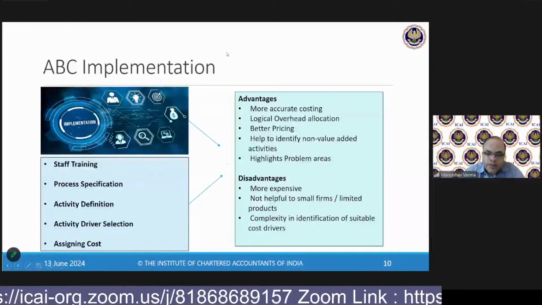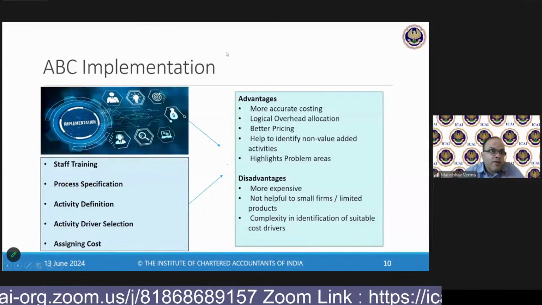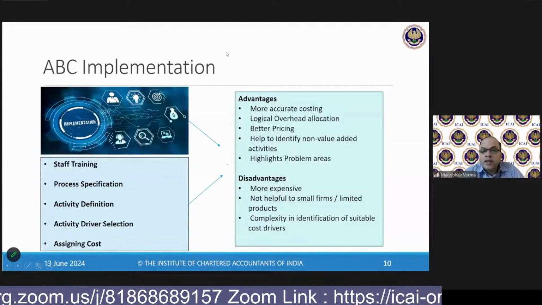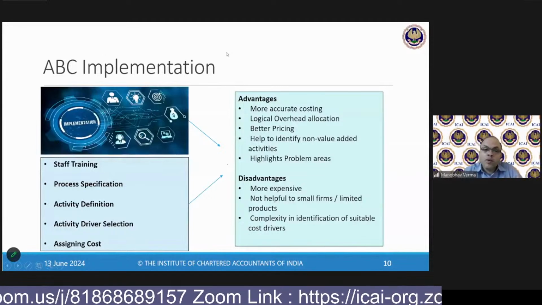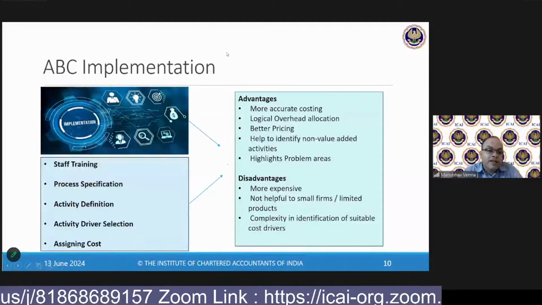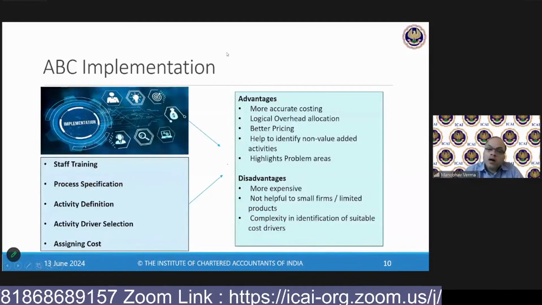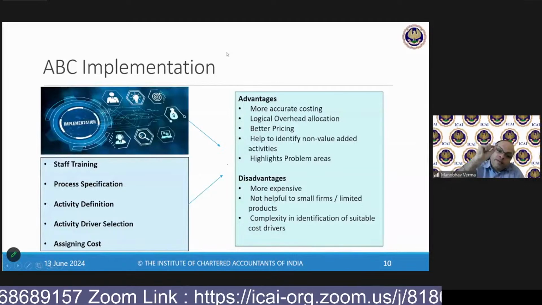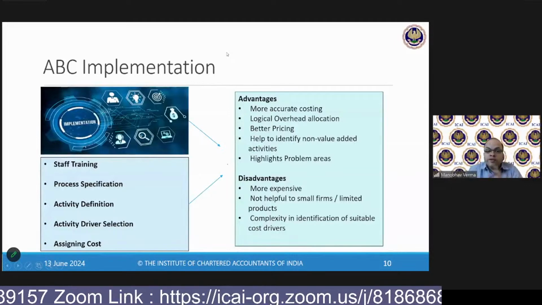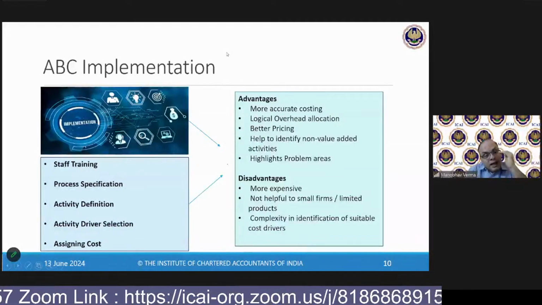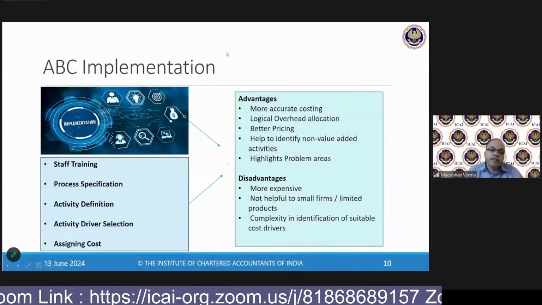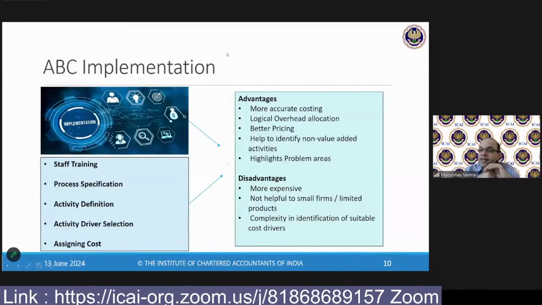Process specifications. Once staff knows what's happening, they can actually help you list down the activities, what the different activities are under every process. Different people would be involved in different processes, and you may need input initially from them. I'm talking about points number two and three here.